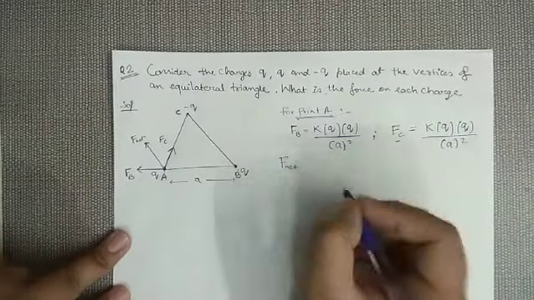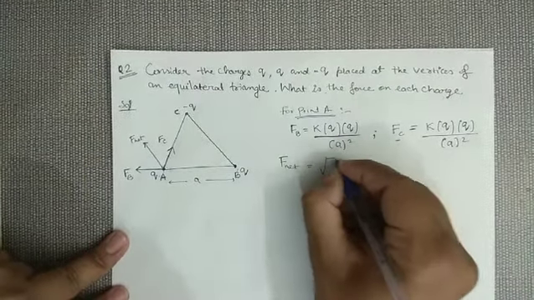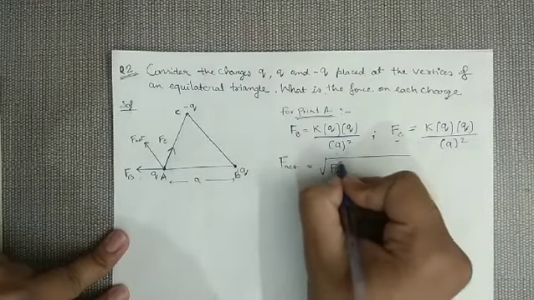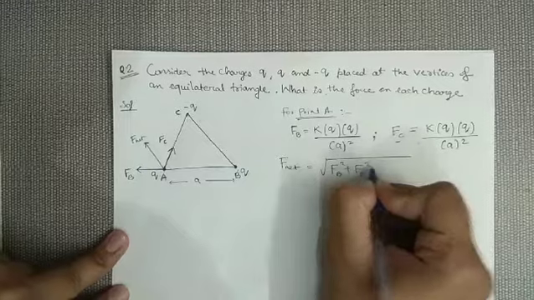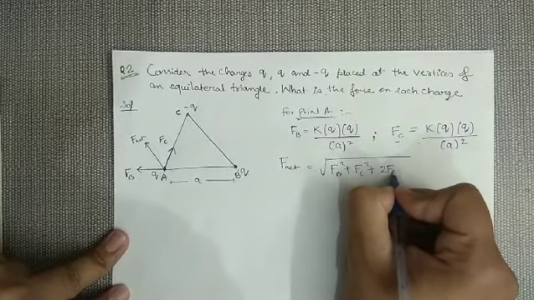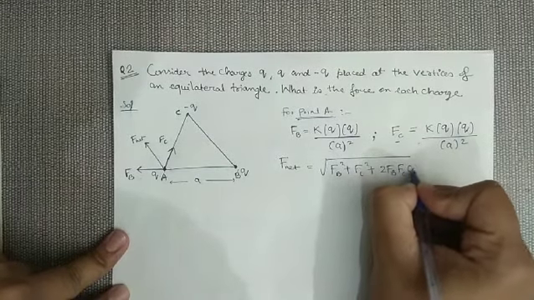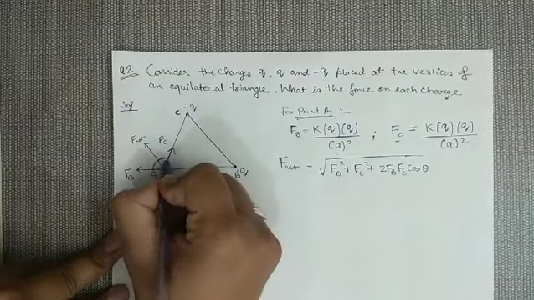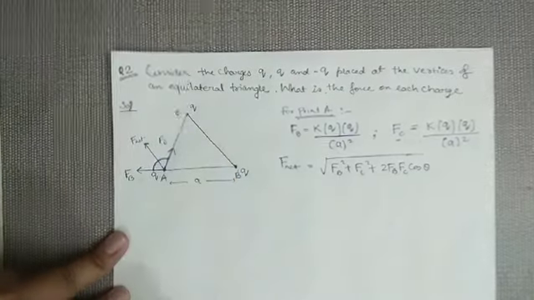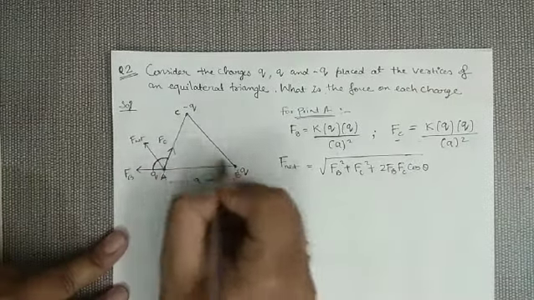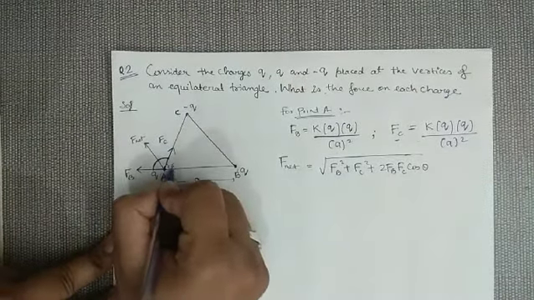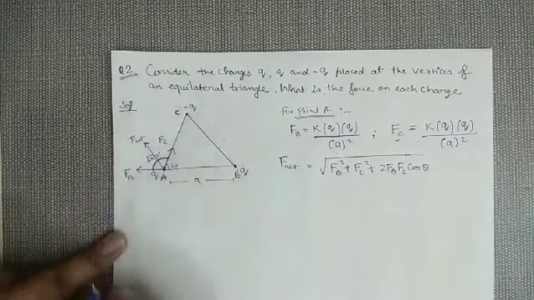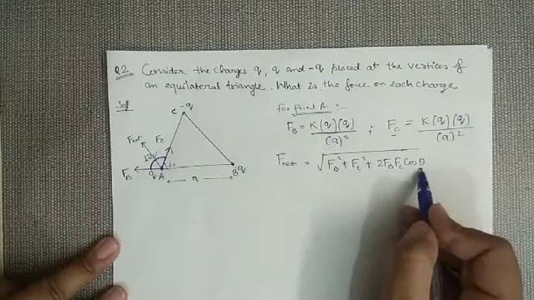And I think if you remember, in order to calculate the resultant quantity, it is the square root of FB square plus FC square plus 2 times FB into FC into cos of theta, where theta is the angle between these two quantities FB and FC. We know that it is an equilateral triangle, so this angle will be 60. So the remaining angle will be 120 degrees. So 120 degrees is the angle between them.